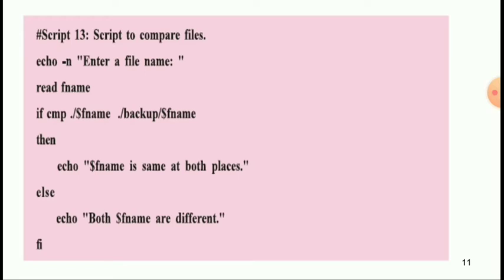Here we first accept a file name from the user. To keep the script simple as of now, we have used an absolute path for a directory. We have also assumed that the file name at both the locations are same.